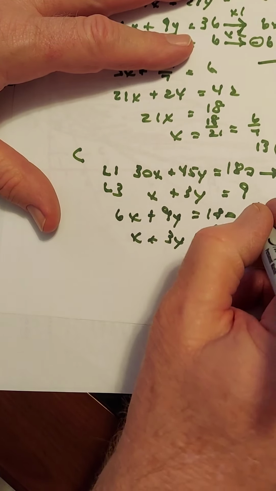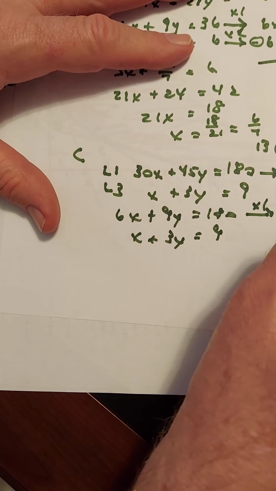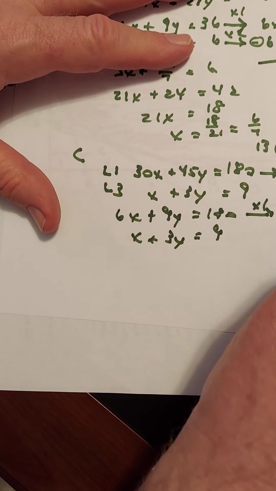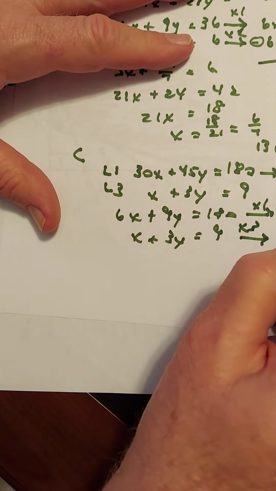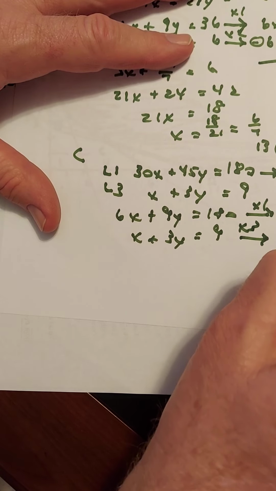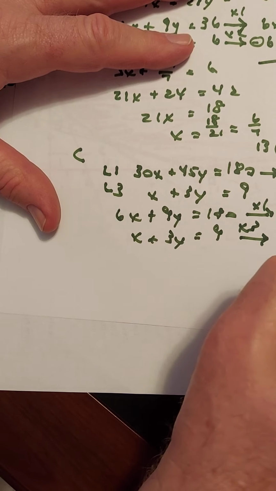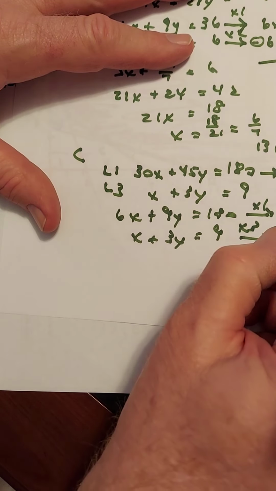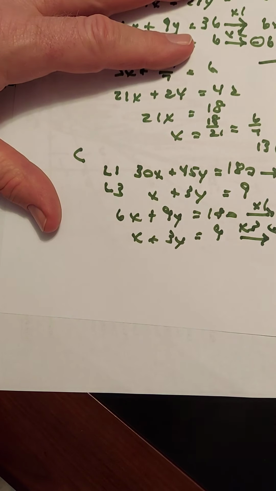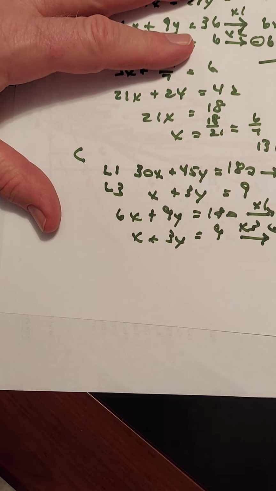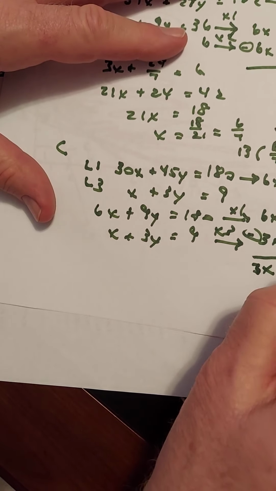We'll keep the top one the same. 6x plus 9y equals 180. We'll multiply the bottom one by 3. 3x plus 9y equals 27. So when I subtract, I'm going to have 3x, and I got 180 minus 27, and that's 153.